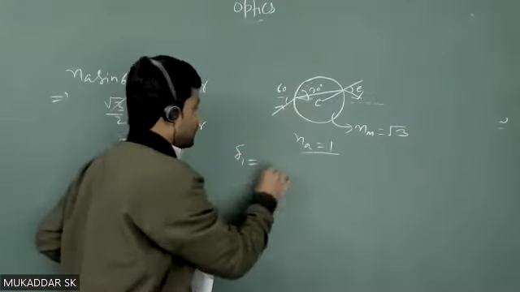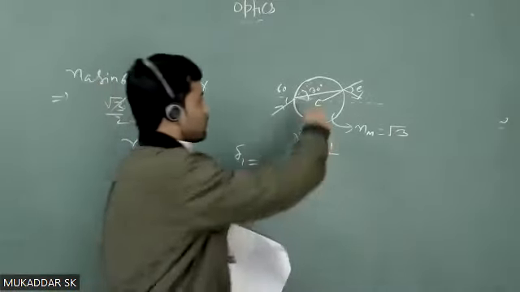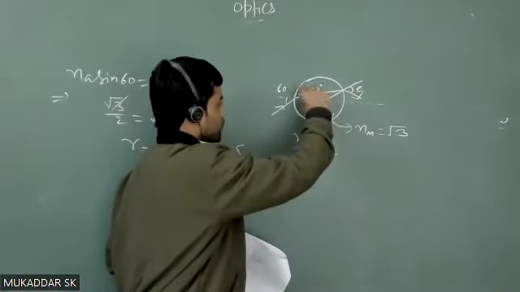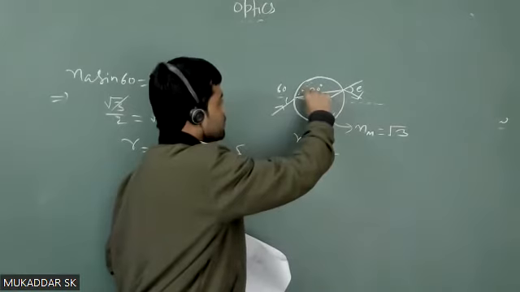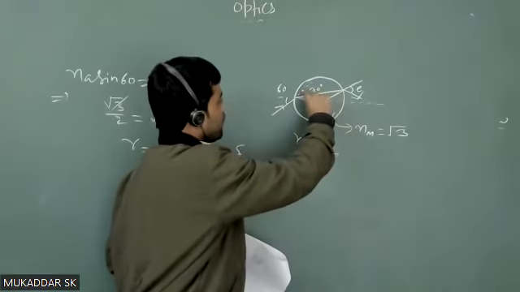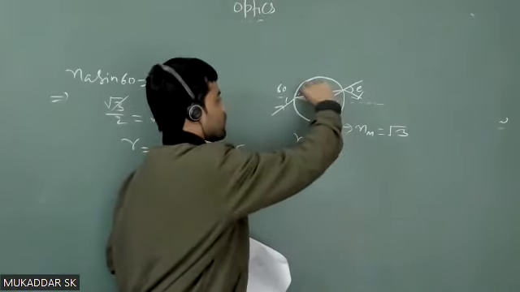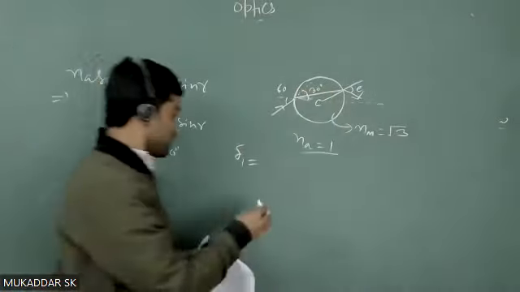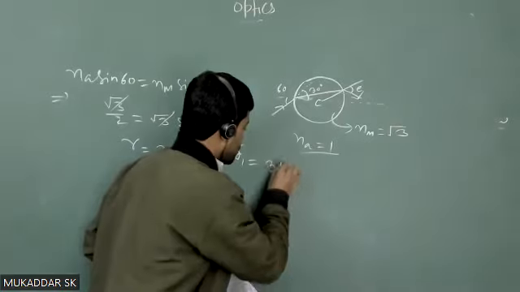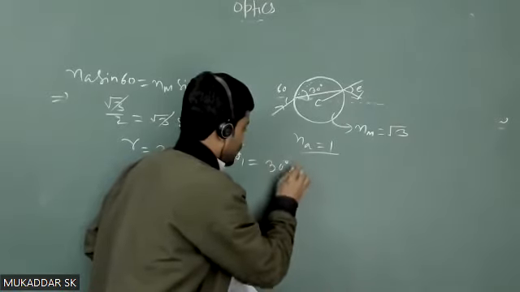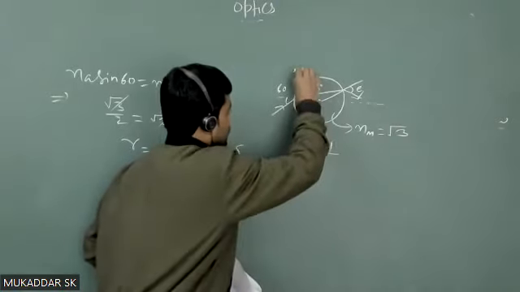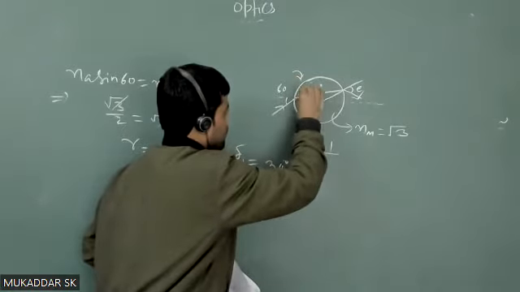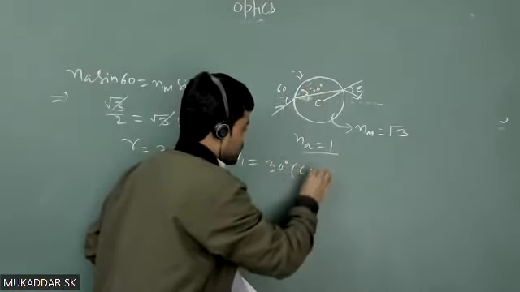So delta 1 will be nothing but how much? Total is 60 degree, this angle is 30 degree. So 30 plus delta 1 should be equal to 60 degree. It means delta 1 is 30 degree, and it is in this direction, which is clockwise.